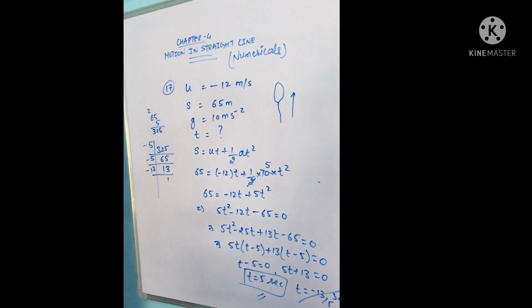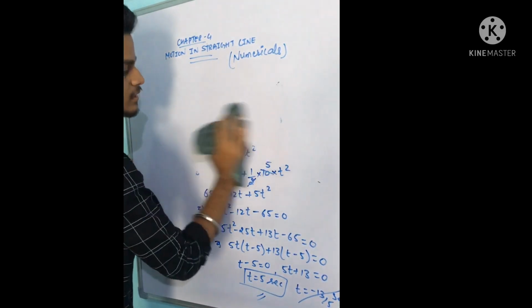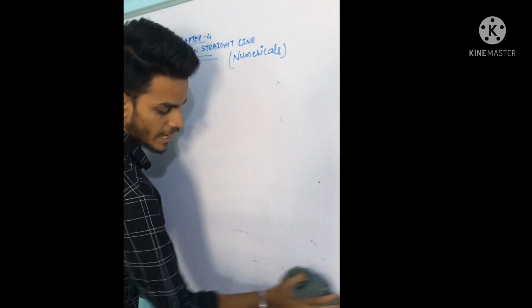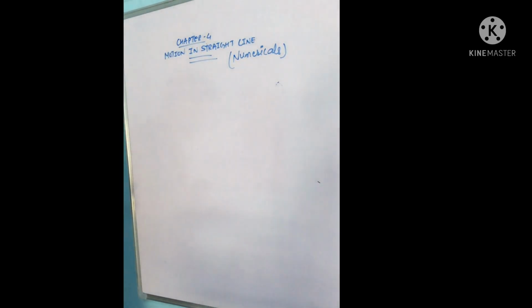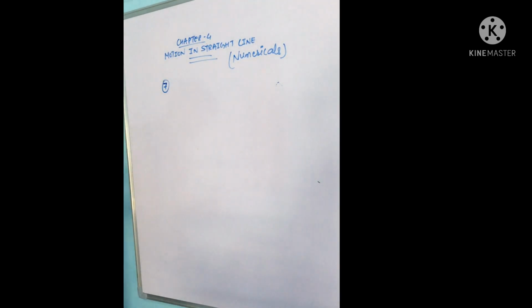Now I am also explaining one extra question, which is question number 7, which we have left in this chapter. So please move back to question number 7. What is that question? The figure shows the time distance graph of the two cars which move simultaneously.